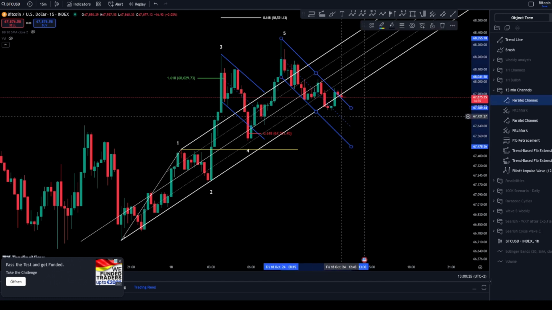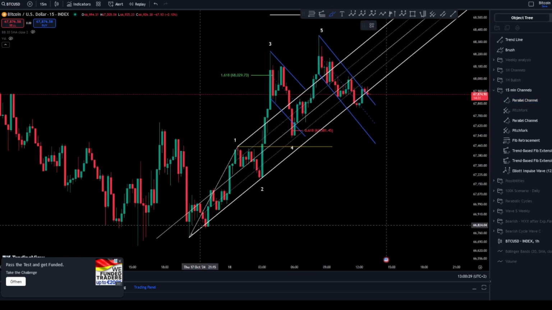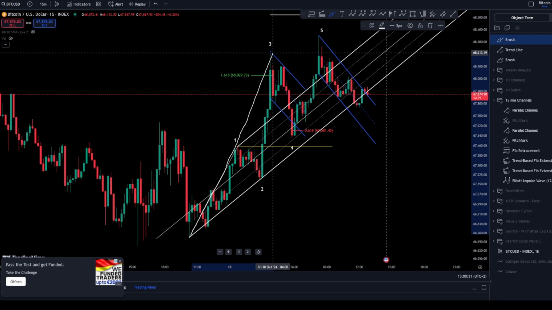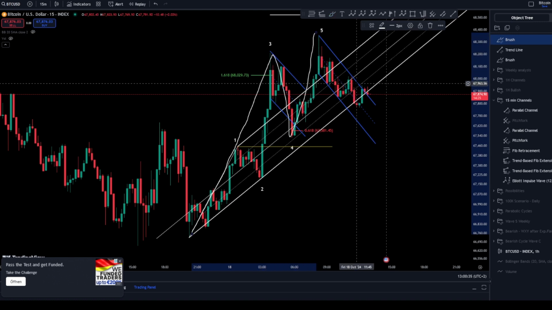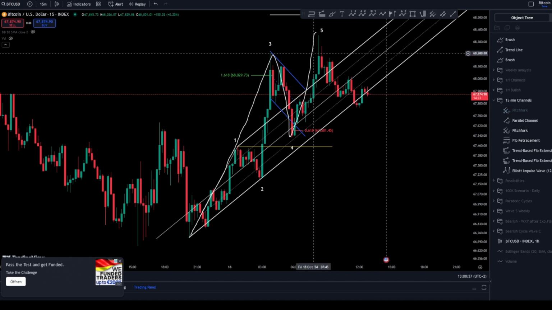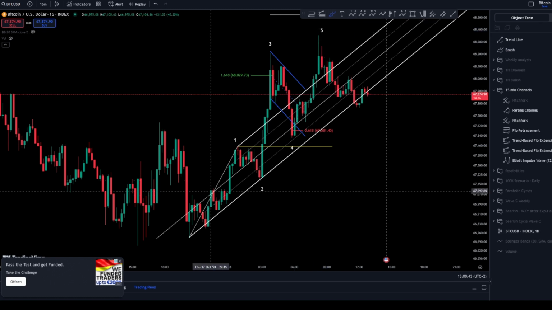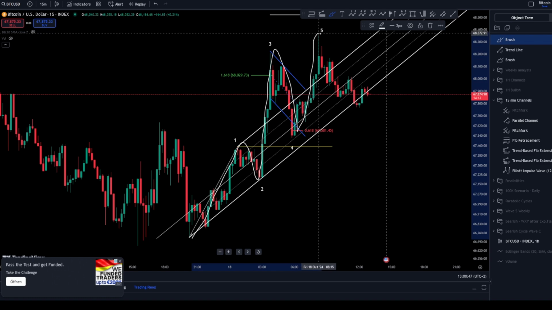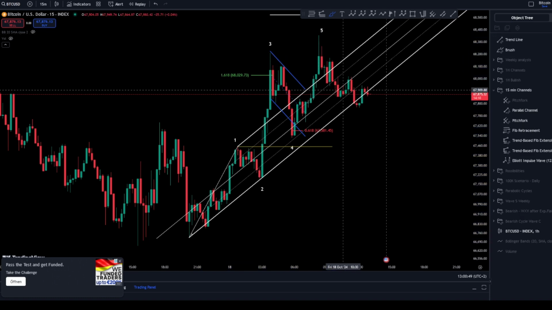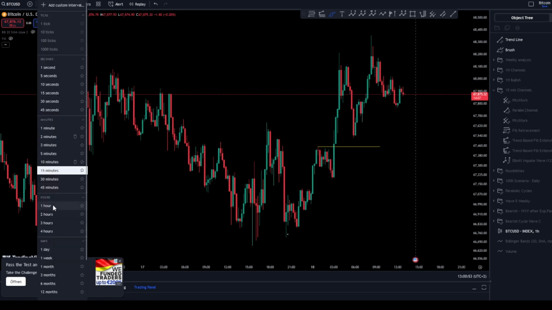However, since we are in a diagonal, I can consider my wave 3 has finished here with this one. So this correction channel doesn't belong to this impulse, and we should stop already here with just having our wave 1, 2, 3, 4, 5 finished, and now possibly we are looking for a retracement. So this is the channeling for the 15-minute chart.